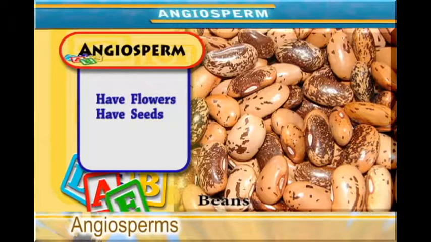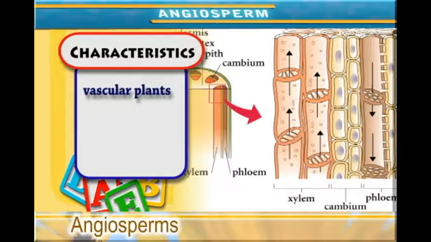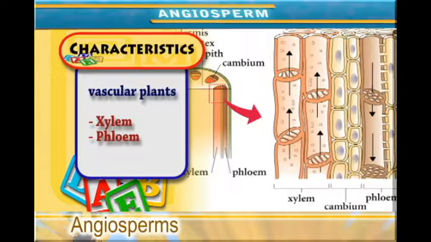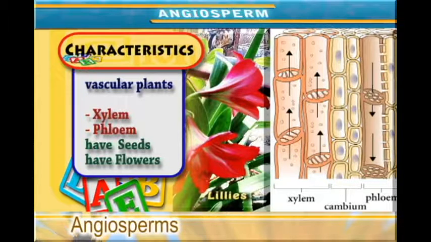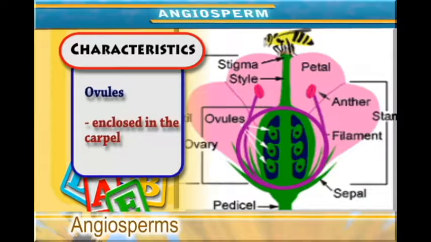They are vascular plants, meaning that they have the xylem and the phloem, and they have seeds, and also they have flowers. And you find that the ovules are enclosed within the carpels, or enclosed within the ovaries.